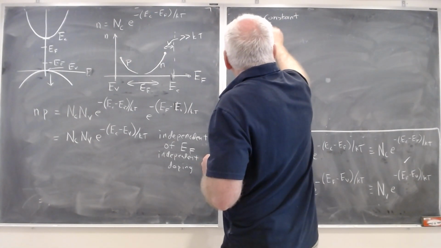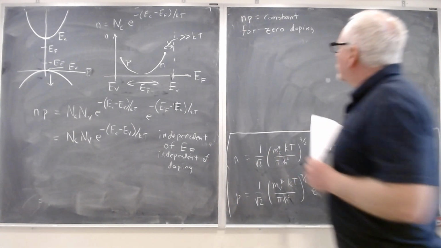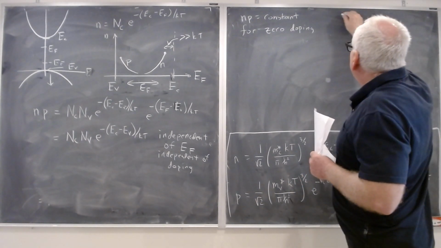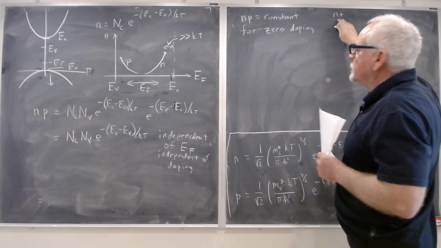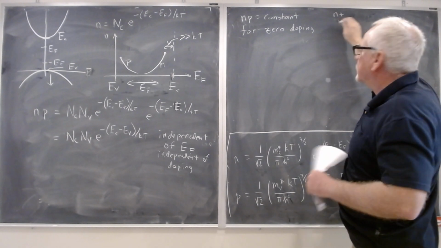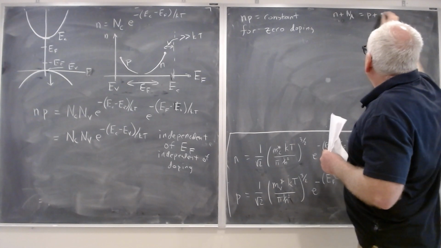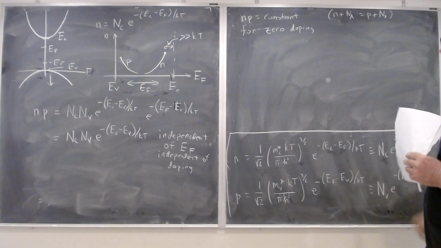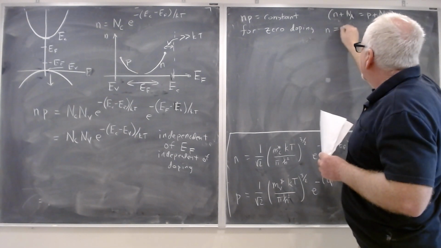For zero doping, remember our charge neutrality: N plus, okay, now what's on this side? Remember, it's the acceptor, because when the acceptor becomes ionized, it becomes negatively charged. And a donor becomes positively charged. Remember, that's our charge neutrality. For zero doping, Na and Nd are zero, so N equals P.